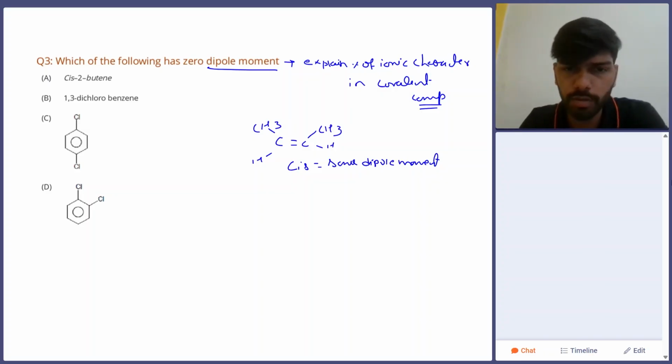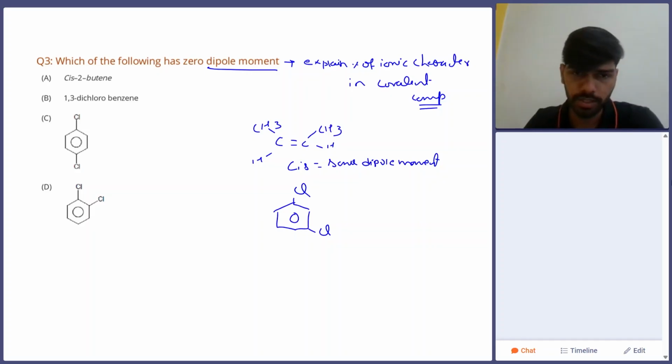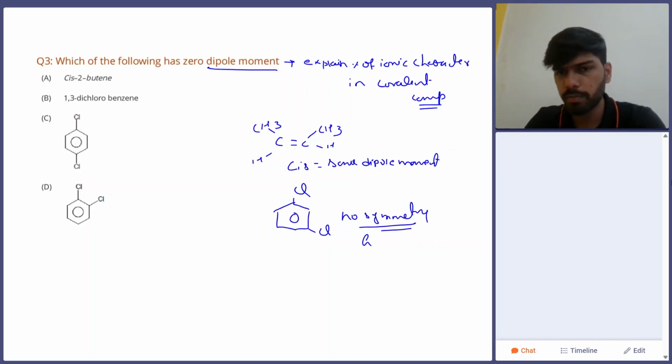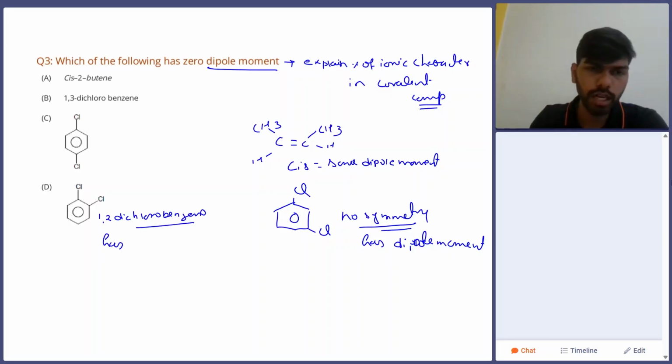Now 1,3-dichlorobenzene, if I draw it, is also showing dipole moment, because there is no symmetry. So dipole moment it is also going to possess. Now, if you look at option D, that is 1,2-dichlorobenzene, that will also show dipole moment.